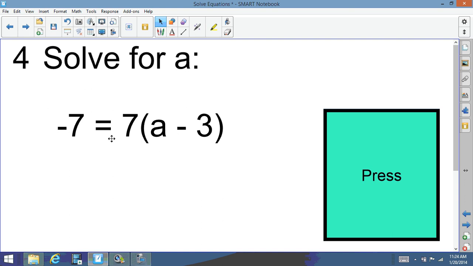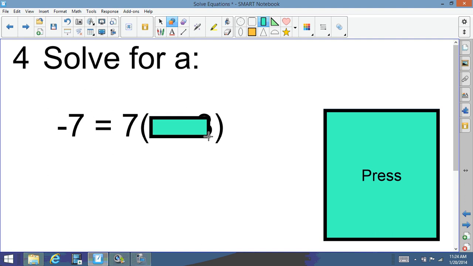All right, let's take a look. Hopefully you divided by 7 on both sides, and I'll even show you that little trick I used before with my box. By covering this up, this also helps you with the division.